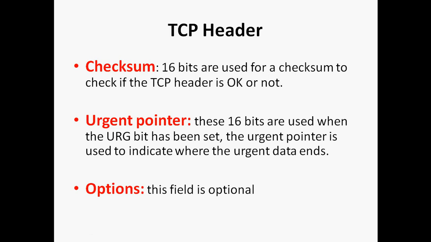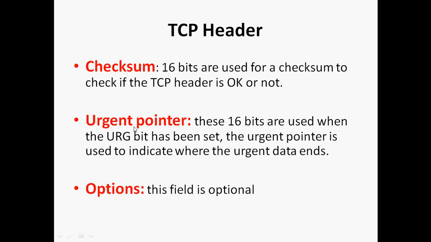The sender uses some algorithm to compute a value and sends it, and the receiver uses the same algorithm to check whether there is any error. If there is no error, the data was received as it is. If there is an error, the receiver sends a request to retransmit that packet, and the sender will retransmit the packet to the receiver.